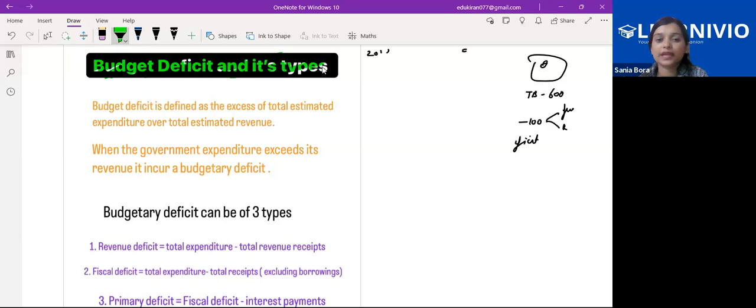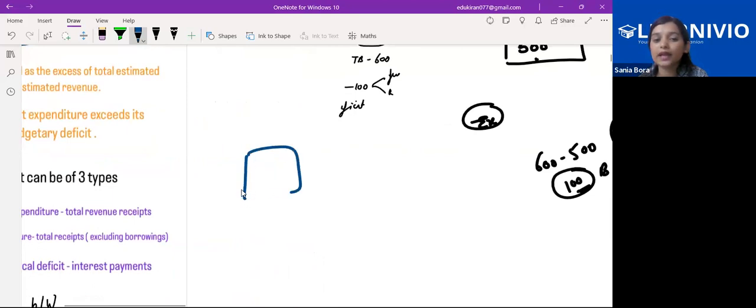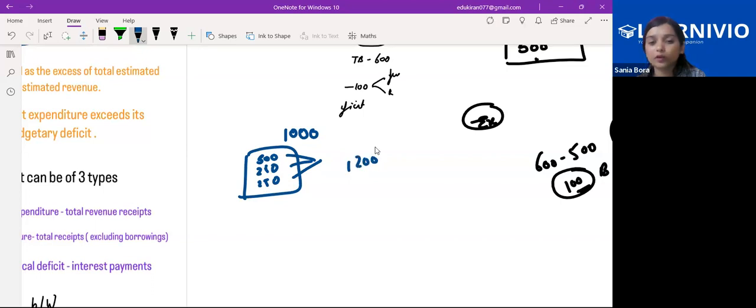Okay, and its types. So, of course, ma'am, first of all, what is this deficit? Right? So, deficit is, for example, you made a plan that I have 1000 rupees and I'll give you a party. Okay, you made a plan that 500 rupees cake, 250 rupees pizza, and 250 rupees cold drinks and all. Right? The soft drinks. Okay, this is what you made. But when you went to the restaurant, they made a bill for 1200 rupees.